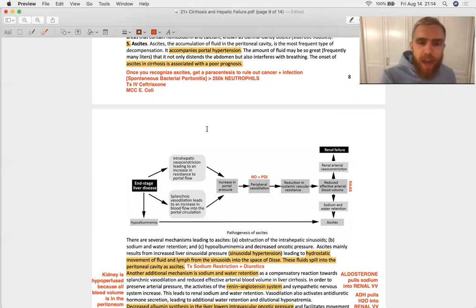And once you see ascites, you have to get a tap of the peritoneal fluid, that's called a paracentesis, in order to differentiate and to rule out a possible cancer or infection, acutely infection, but really you're going to be testing for a good panel, a good assay of cancer markers to see if it's a metastasis from a lower GI organ, such as colorectal carcinoma. Maybe it's ovarian, maybe it's hepatocellular.